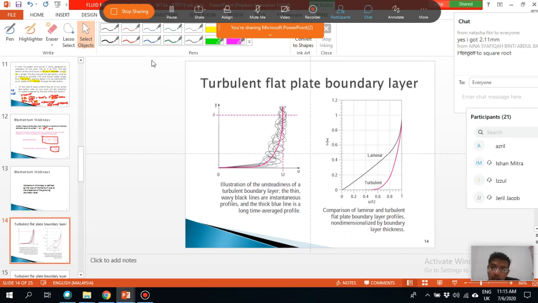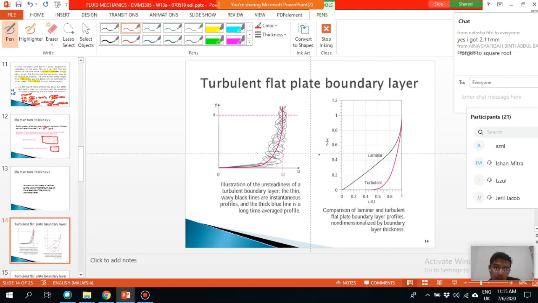You can see the graph on the right side is y divided by delta, so this is the boundary layer, and this is u divided by U, the non-dimensional velocity. When the velocity increases, the laminar graph shows the effect of the boundary layer is higher than the turbulent.